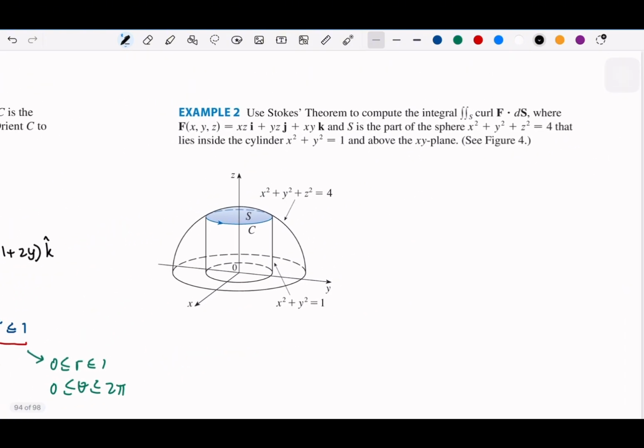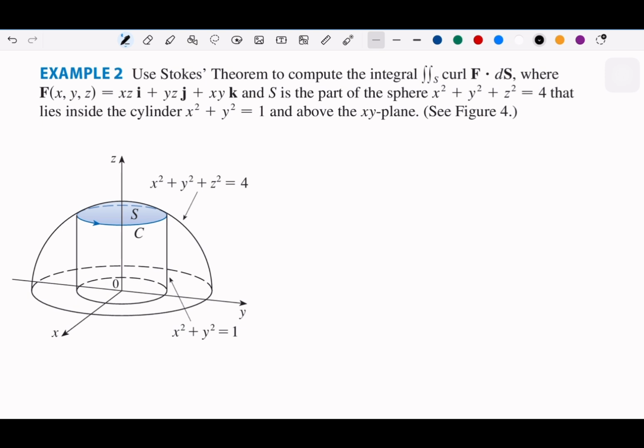This example seems quite complex, but it's actually not so complex. So we have the half of the sphere, right? We have x squared plus y squared plus z squared equal 4, which means that the sphere has a radius of 2.